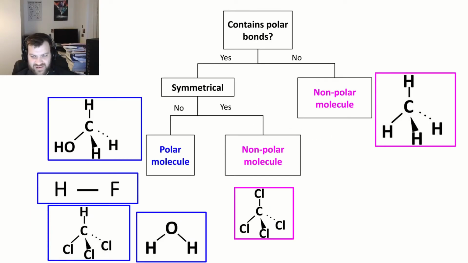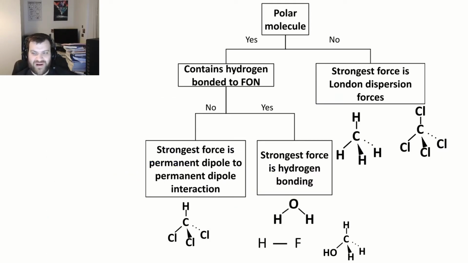Once we have identified if we've got polar or non-polar, we're next going to think about the forces of attraction within them. If we have non-polar molecules, we're going to have London dispersion forces as the strongest force within it. If the chemical contains hydrogen bonded to fluorine, oxygen, or nitrogen, we're going to have hydrogen bonding as our strongest force, which we have for water, hydrogen fluoride, and methanol.